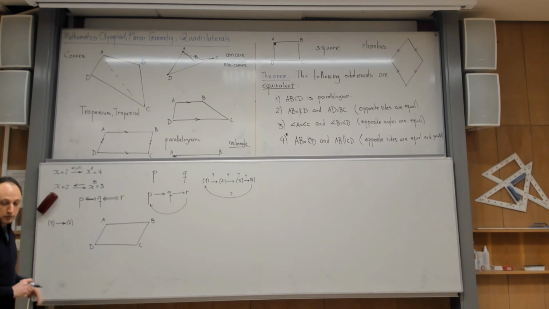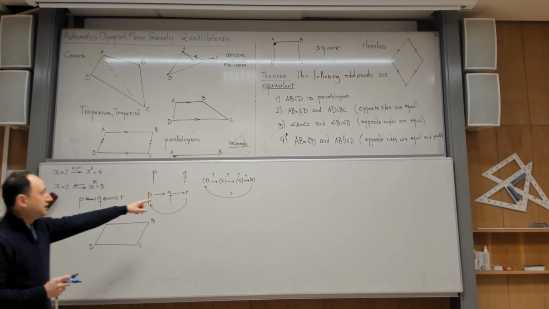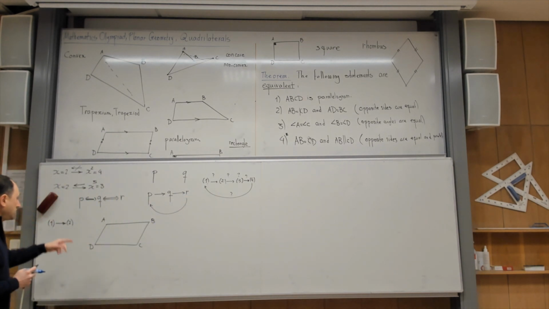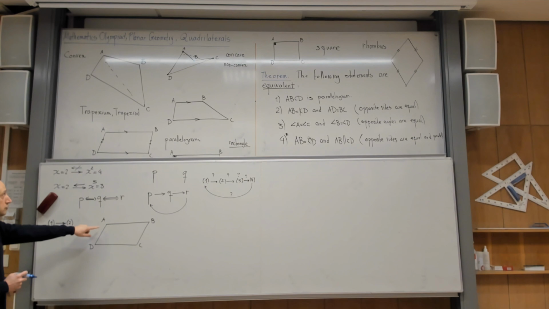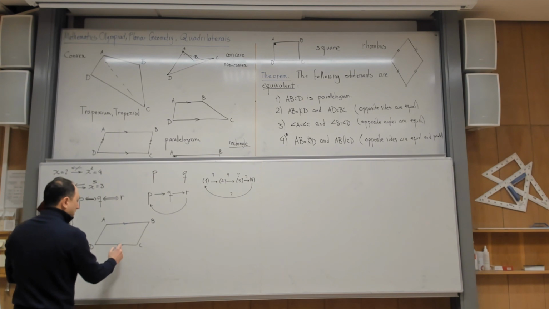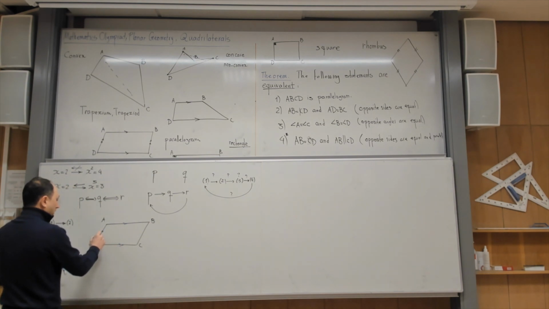By the way, this is very important. Not because this theorem is hard to prove, as you see, it's very easy to prove. But the main thing is to understand the logic behind it and how it works. So when I say I know 1 is true, I know that this is a parallelogram. Based on the definition of the parallelogram, I know that this one is parallel to that one, and this one is parallel to that one.